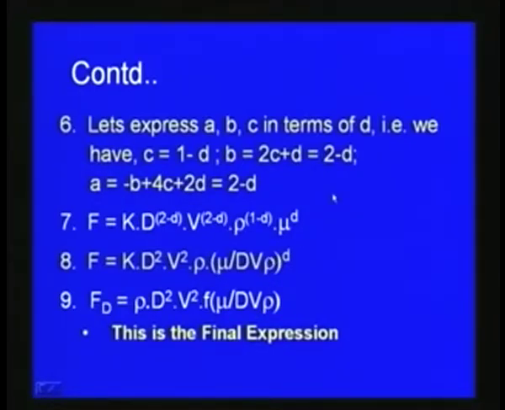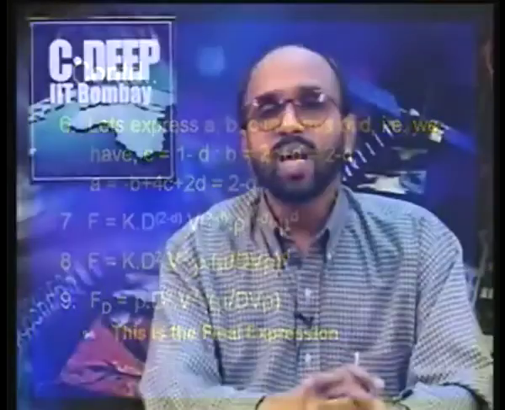So, this is the way we do the dimensional analysis using Rayleigh's method. In the first step we see what the important parameters are, and then we represent the dependent variable as a function of these parameters. Then we put the fundamental dimensions for each, either in terms of mass length time or force length time, and then we equate the exponents.